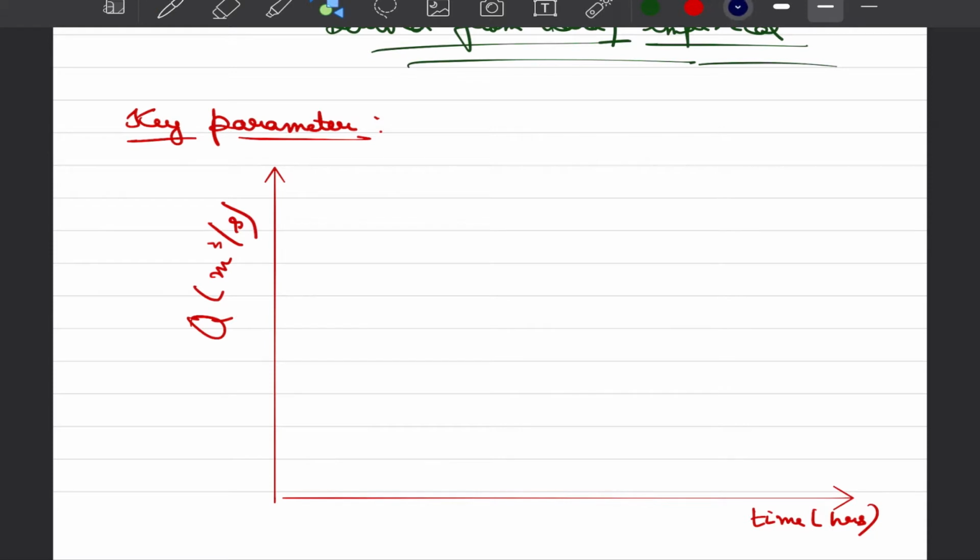Since we are talking about a unit hydrograph, we will have the depth of precipitation as 1 centimeter. Since we are talking about this in the Indian context, this would be in centimeter. In the US, this unit hydrograph would normally be defined in terms of inches.